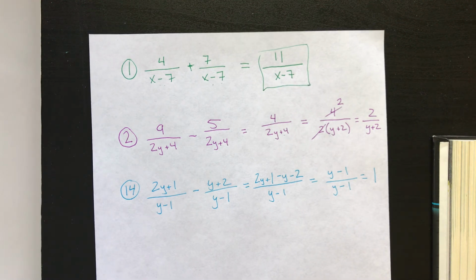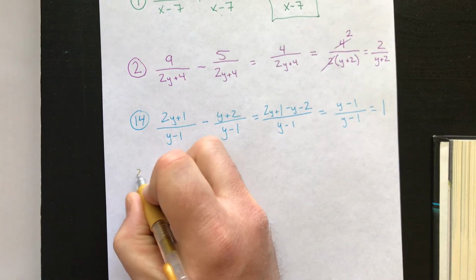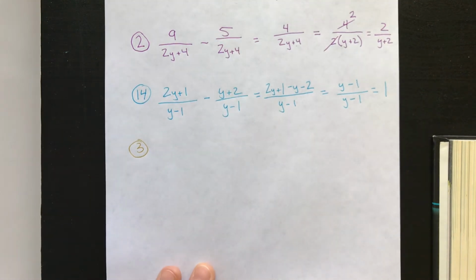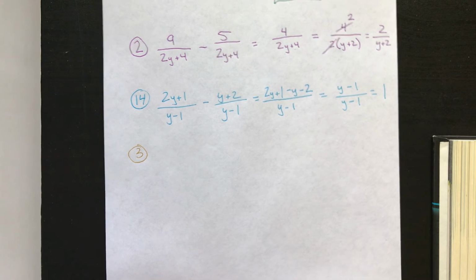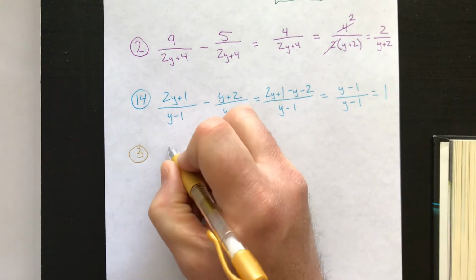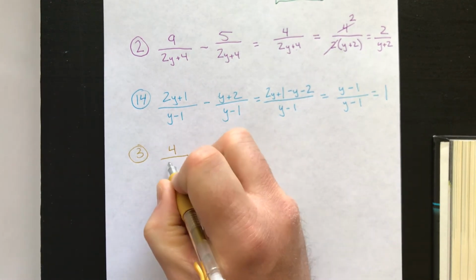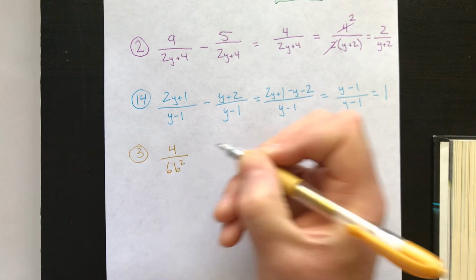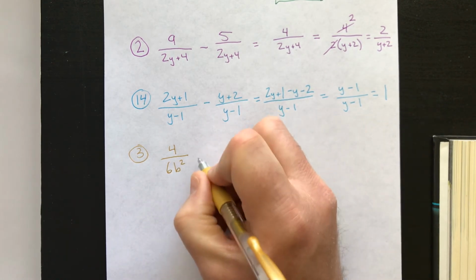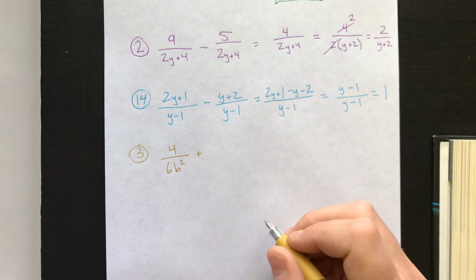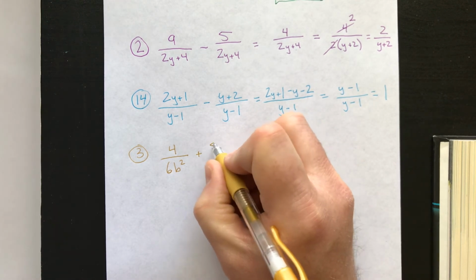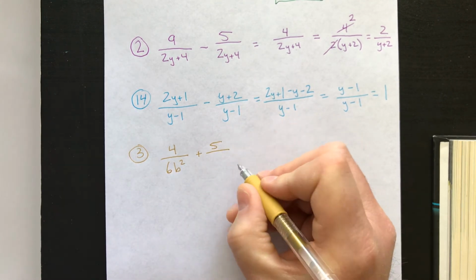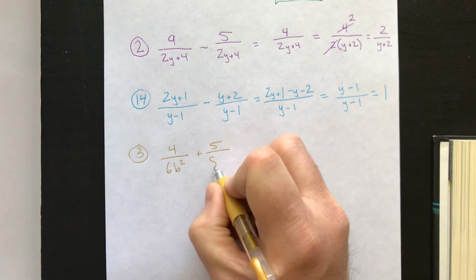All right, now let's do number 3. Number 3, they say 4 over 6b squared plus 5 over 8b cubed.